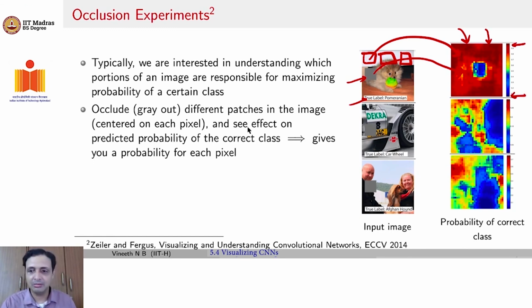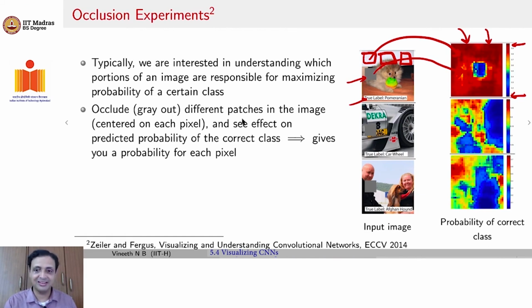You notice that when the patch is actually placed on the dog's face, the probability of the image being a Pomeranian drops to a low value. So this tells us that the CNN model was in fact looking at the dog's face to call this a Pomeranian.